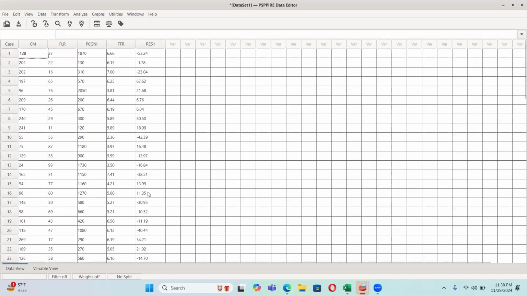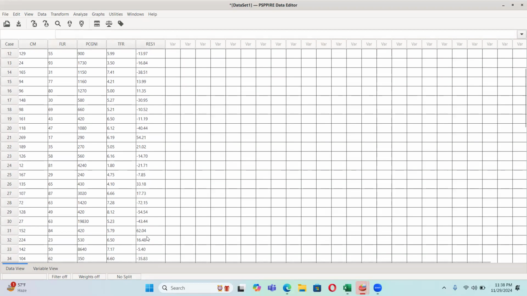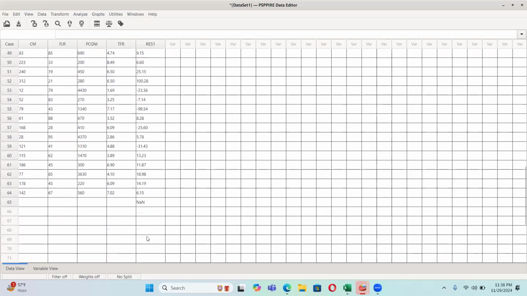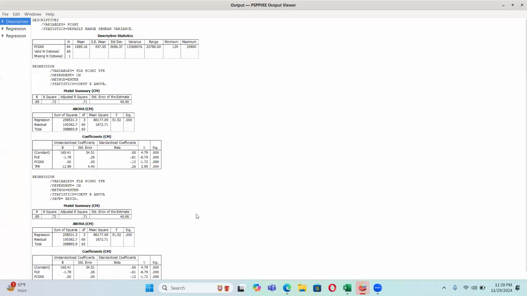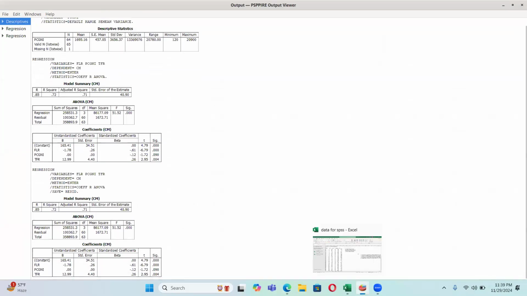These are the residuals of the model. In this model, R square is 0.72, and adjusted R square, which is always less than R square, is 0.71.